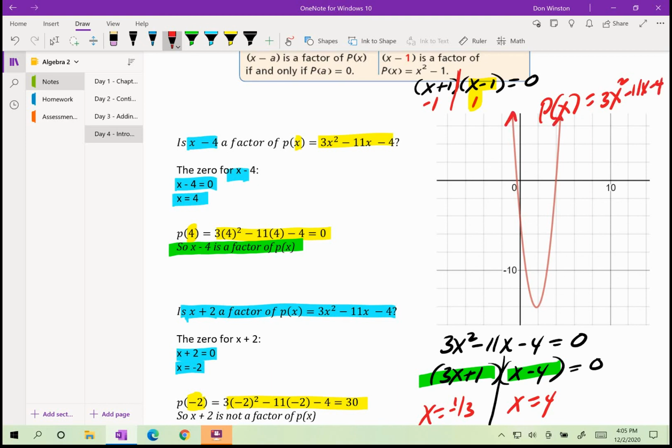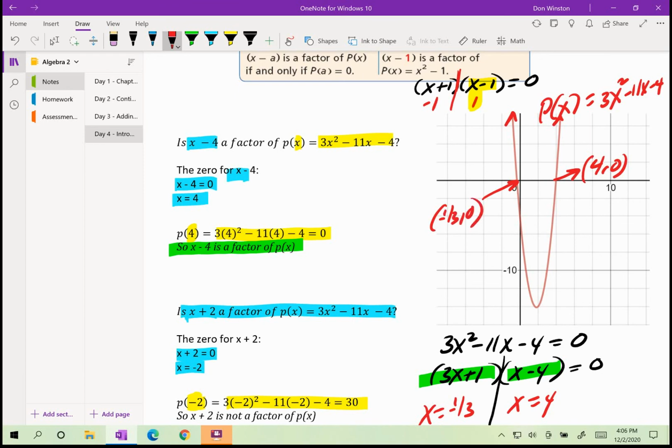And again, using Desmos and looking at this, I can see that each block is 2, so I can see that the zero x is equal to 4 and y is 0. So that's my x-intercept. And then the other 0 was negative 1/3 and 0.